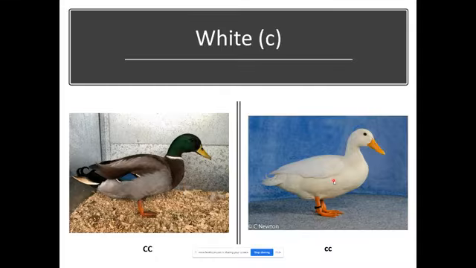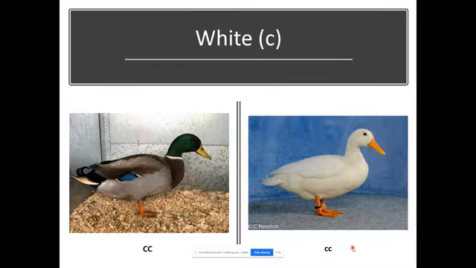So some of these names are historic and don't make sense, and those conventions sometimes also exist across different species. So if you have two copies of this white gene, which is recessive, so you need both copies to see the effect, what you get is all of the color is hidden.